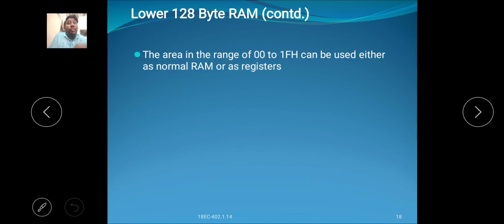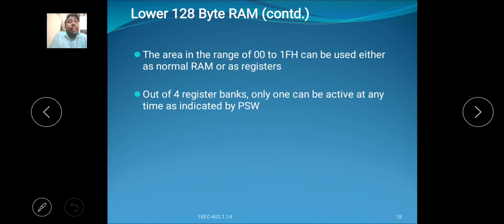The lower 128 bytes of RAM, the area in the range of 00H to 1FH, can be used either as normal RAM or as registers.